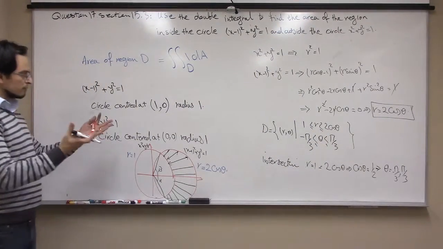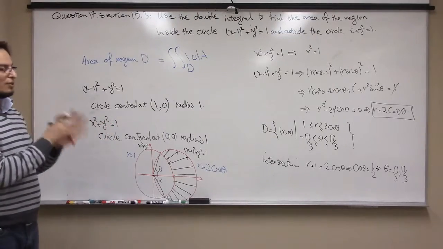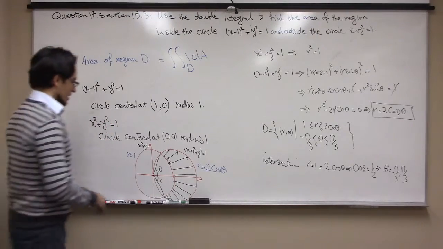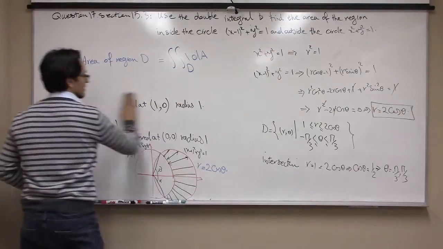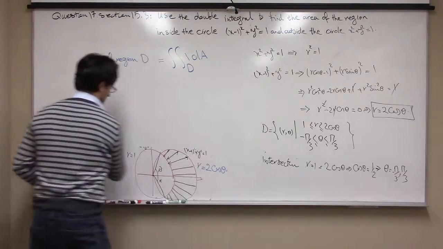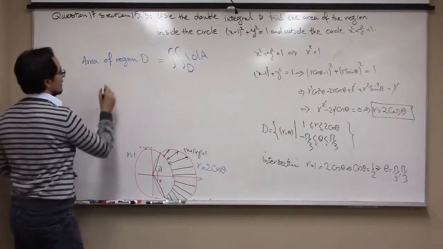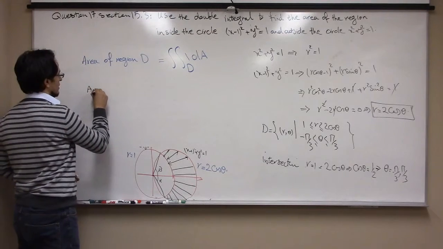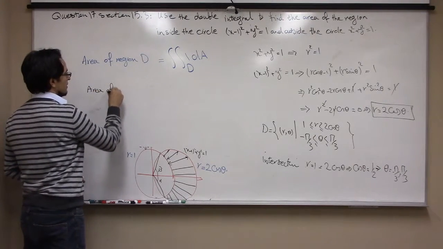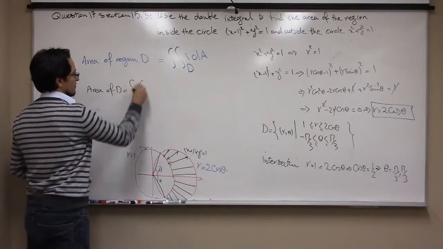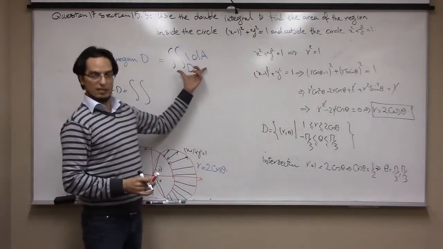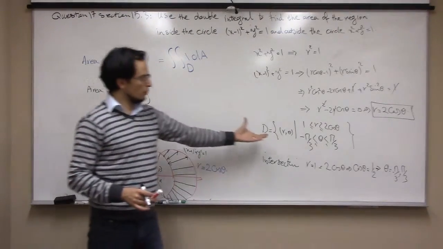Okay? Now I have a full description of my region. Let me erase this part and then go from there. So then the area of the region, area of D, I want to write this integral in polar coordinates.